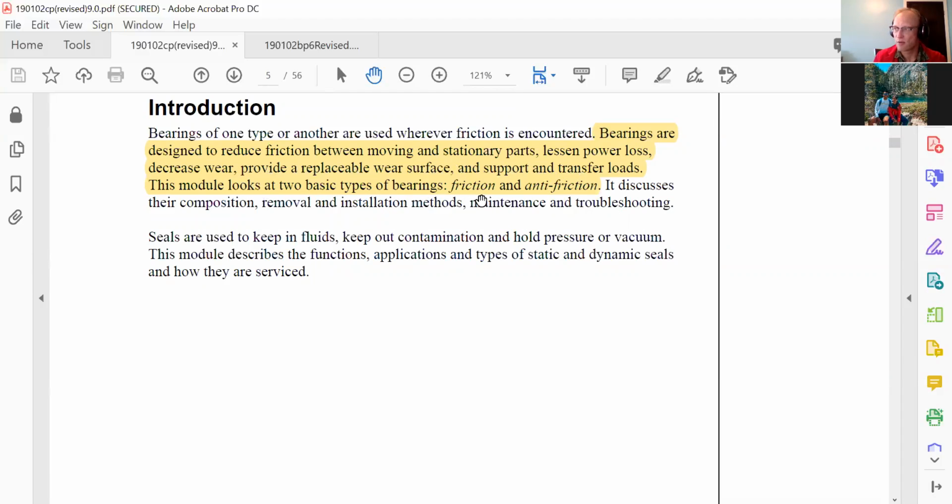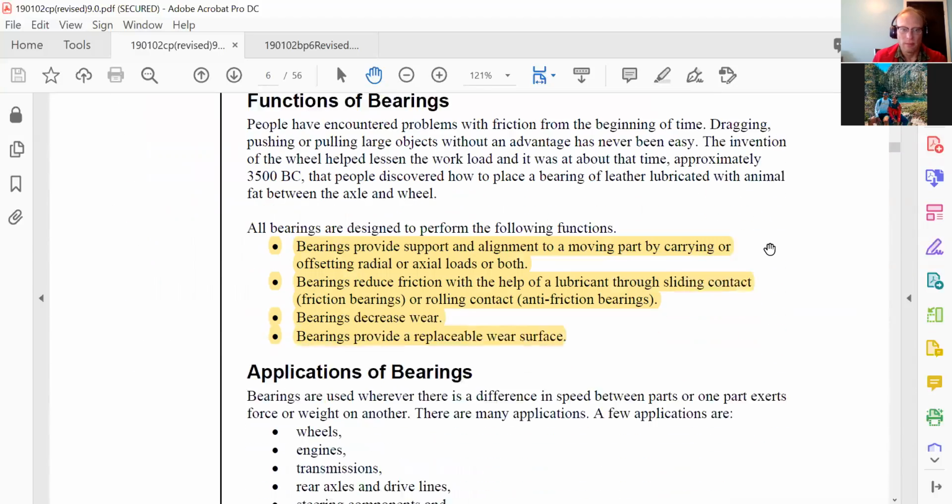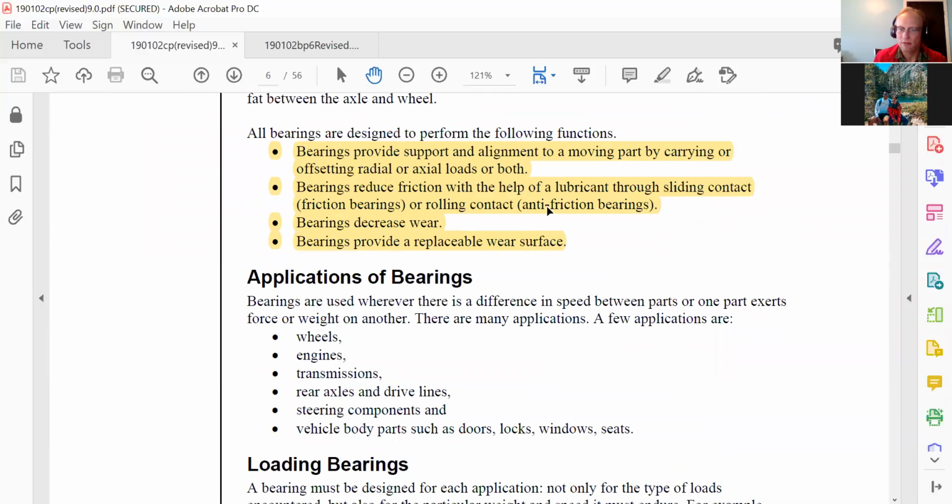So we're going to look at two main types of bearings, friction bearings and non-friction bearings. Bearings in their application, this is a reiteration of the first statement with a little more depth. They provide support and alignment to a moving part by carrying and offsetting radial or axial loads, or both.